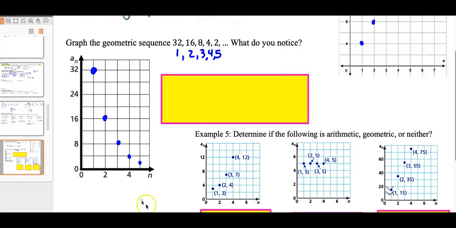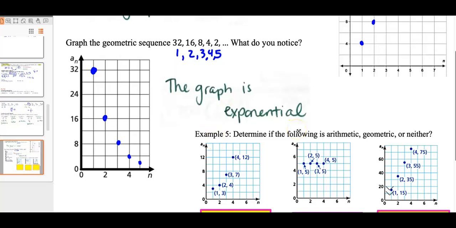So it's not quite linear. It's actually got a little bit of a curve to it, and so if we remember, this would actually be exponential decay because my graph is going down very rapidly. So in this problem, they were dividing by 2. So they were halving it every single time. So again, dividing is going to turn into an exponential graph.